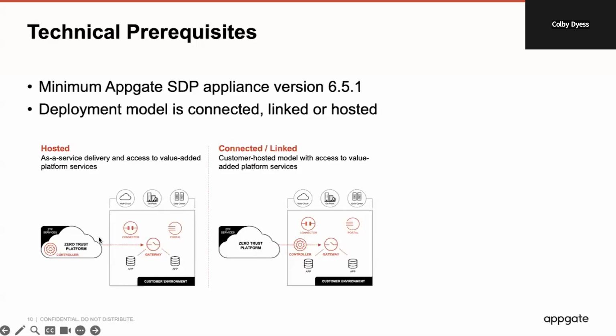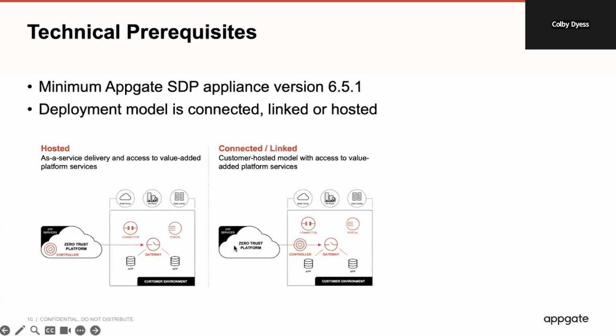Or if you have a hosted SDP environment, these are customers who have the controllers running inside our environment. Our team handles ensuring the uptime and the maintenance, like the upgrades, for those controller appliances. Meanwhile, the rest of the appliances continue to run in your own environment, so you continue to retain the benefits of direct routed.